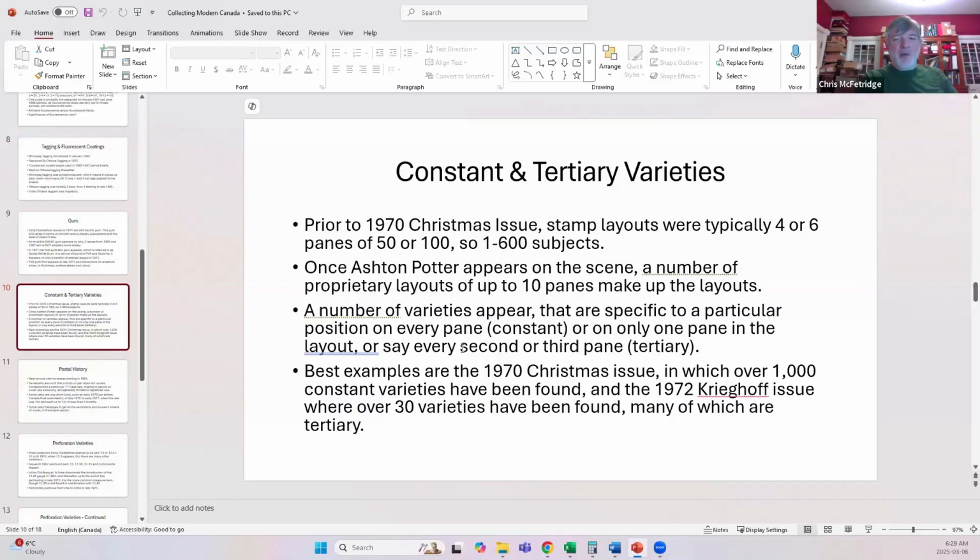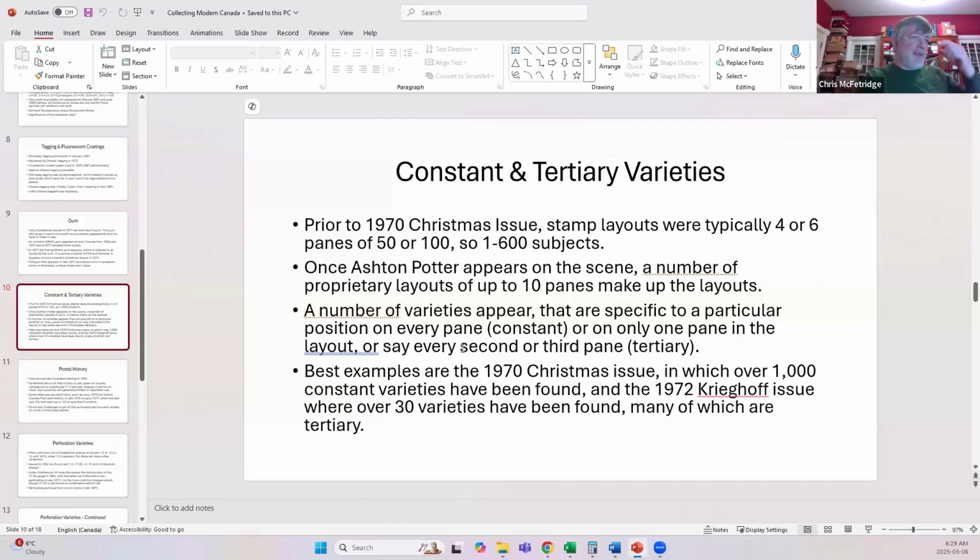Sometimes it's foreign matter getting onto the plate, or other causes that lead to little dots or scratches or donut flaws. But more often than not, it's dots and scratches and little figures in the design that don't belong there. And it usually occurs on one stamp in a sheet.